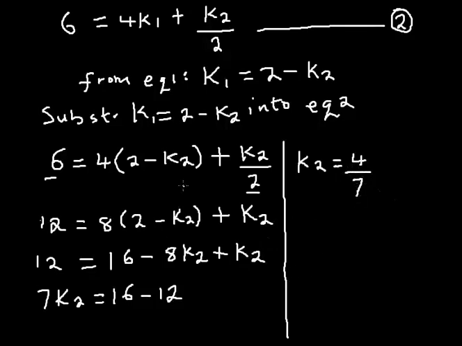So for me to get k1 now, I'll get k1 from this relationship. So k1 is going to be equal to 2 minus k2, which of course is 2 minus 4 all over 7. Okay, k2 is 4 all over 7.